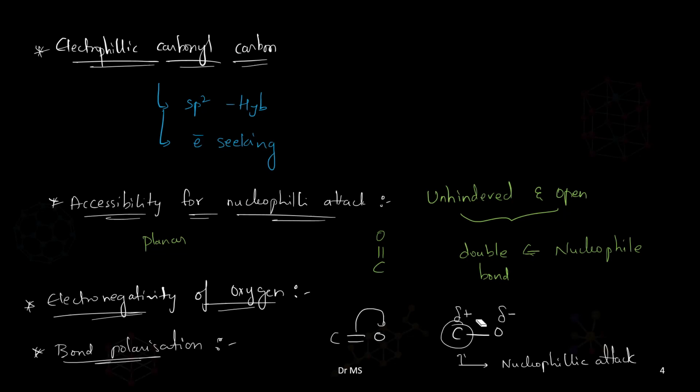Apart from that, in order to approach this carbon, it should be accessible. That means it should not be hindered. So it should be unhindered and open for the nucleophile to approach this carbon. And then the electrophilic carbonyl carbon should be sp2 hybridized and it should show the planar structure. Understood?